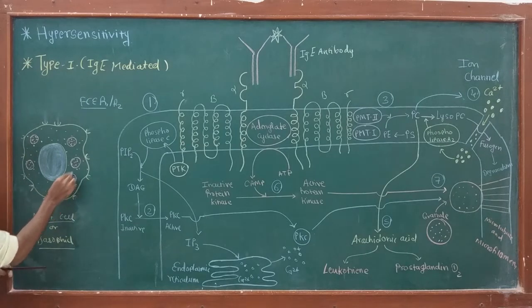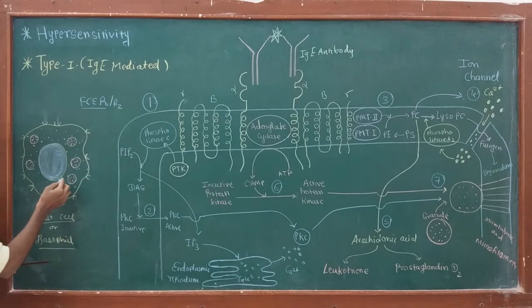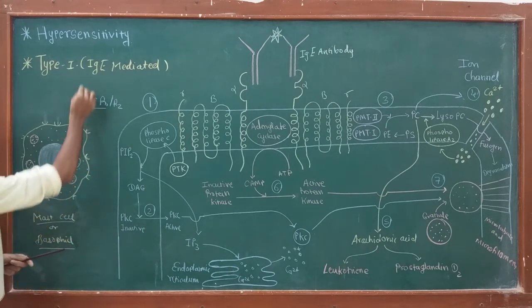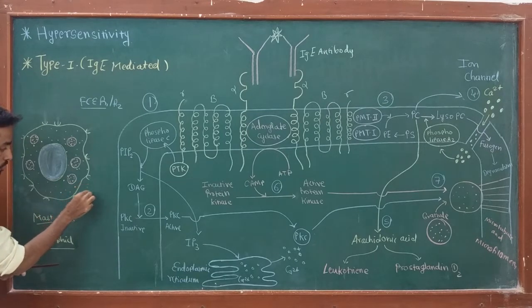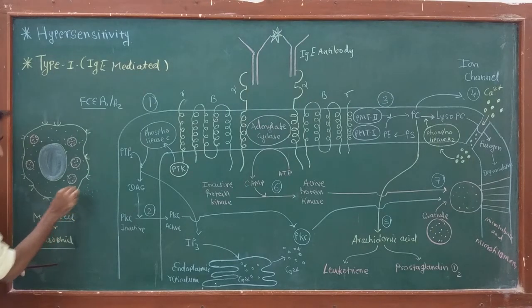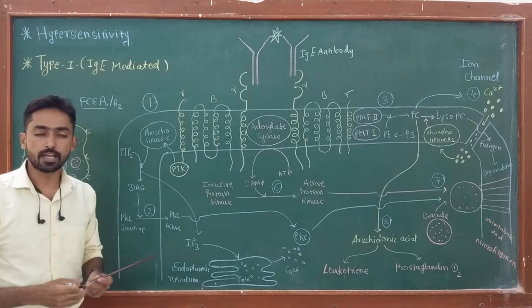The cell has different types of granules which contain active mediators like histamine, and at the time of type 1 hypersensitivity reaction, these granules fuse with the plasma membrane and the content present inside the granule is released out of the cell, and due to this release of toxic downstream mediators, type 1 hypersensitivity reaction occurs.